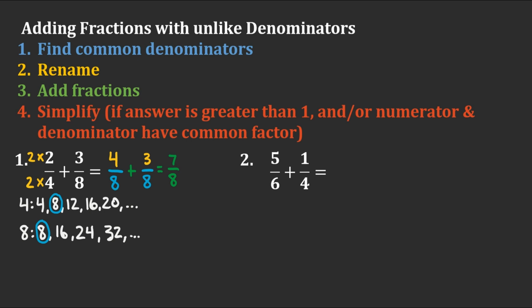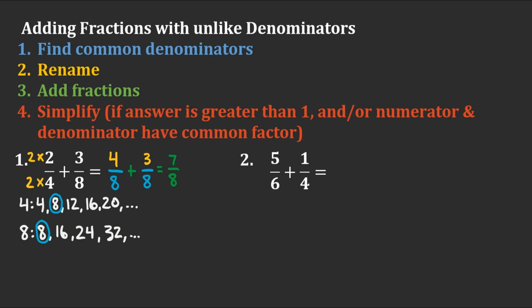The answer is less than 1, since 7 is smaller than our denominator of 8. And there isn't a common factor of 7 and 8 aside from 1. And if we tried that, dividing by 1, we would just get 7/8 again. Okay, no change. So we're better off just leaving it 7/8 with no simplifying.